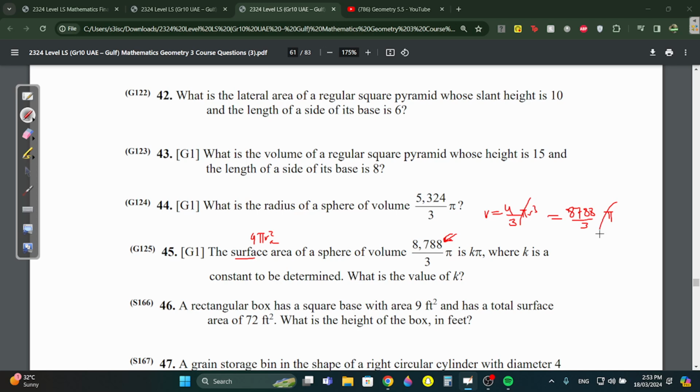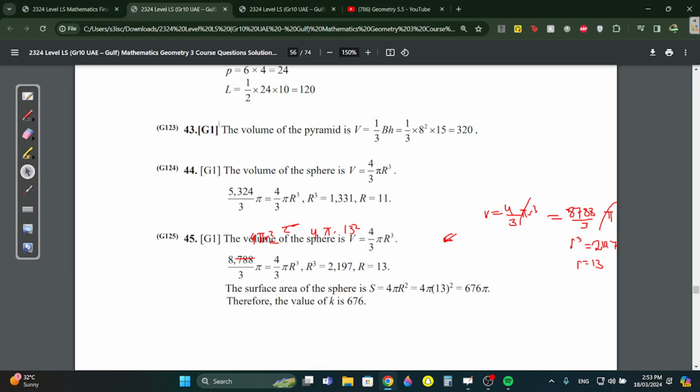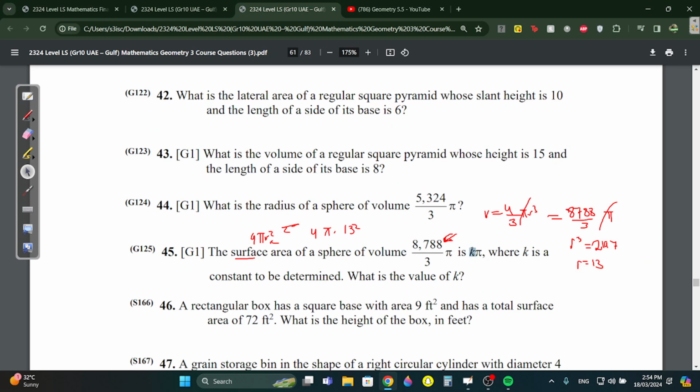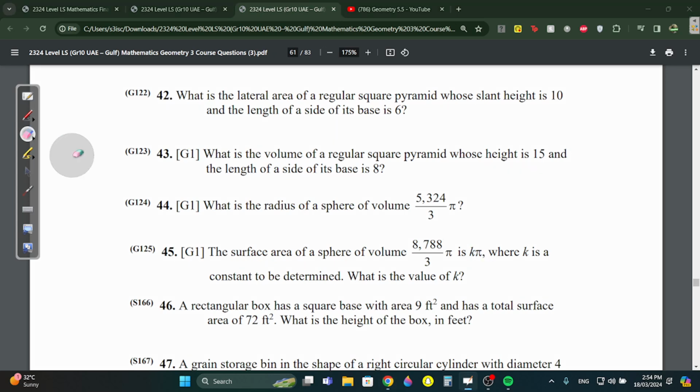Pi with pi, 8788 over 3 divided by 4 over 3, you get 2197. So r cubed equals 2197, and r equals 13. Now you can find the surface area. It will be 4 times pi times 13 squared, which is 676 pi. They want the value of k, so just 676.